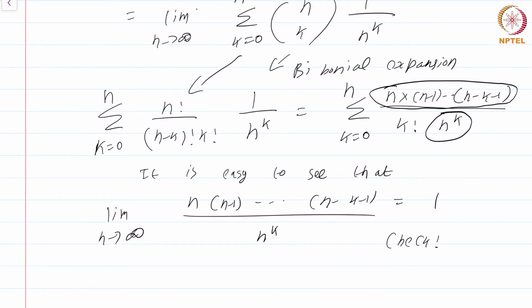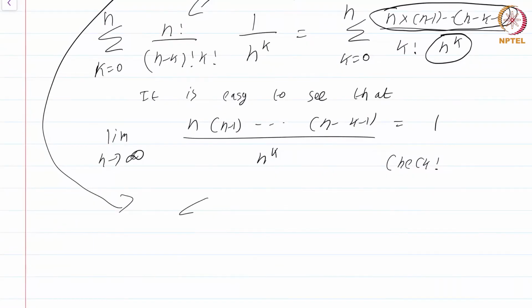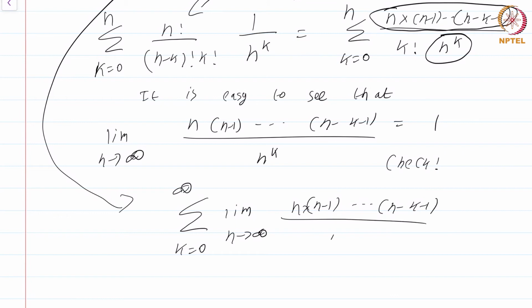Well, imagine you have this expression, limit n going to infinity of summation k equal to 0 to n. What if I could pull this trick? What if I could write this as summation k equals 0 to infinity of limit n going to infinity of n into n minus 1 dot dot dot n minus k plus 1 by n power k times k factorial.